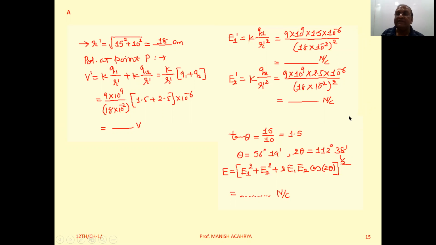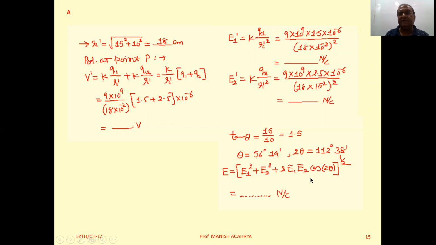Now the resultant electric field is under root E1 square plus E2 square plus 2 E1 E2 cos 2 theta. Now here substitute the values of electric fields calculated here, E1 dash, E2 dash, and the angle 112 degree and 38 minute.